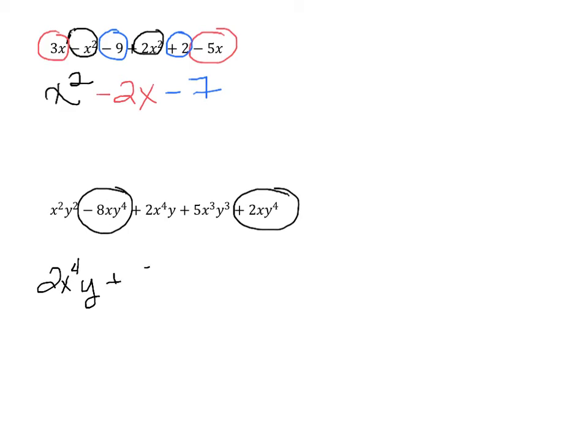Then we have 5x cubed y cubed. Then we have our x squared, so that's x squared y squared. And then finally, the x to the first power, and that's negative 8 plus 2 is negative 6. Minus 6xy to the fourth.